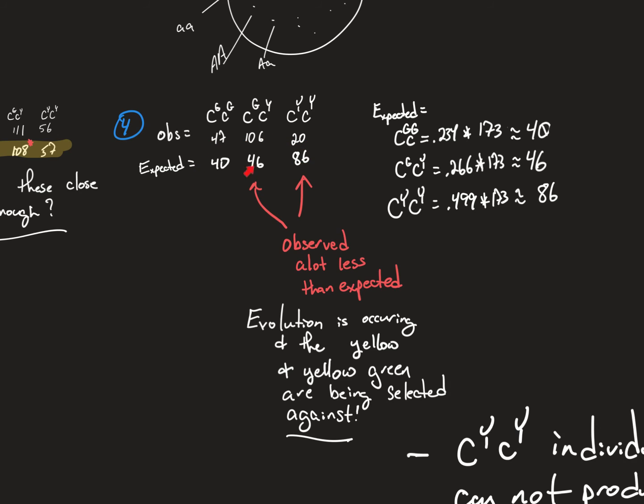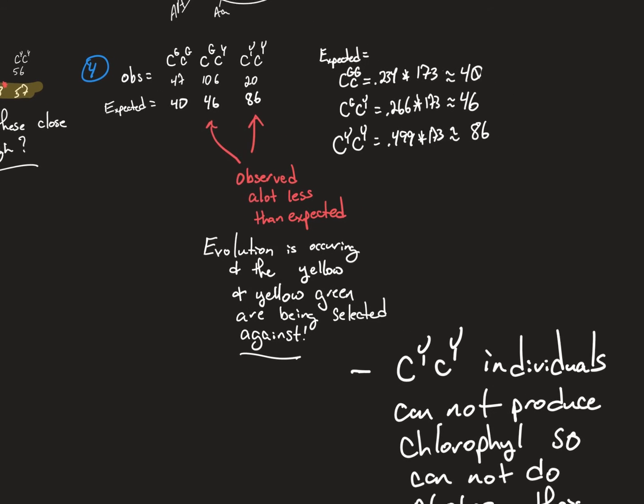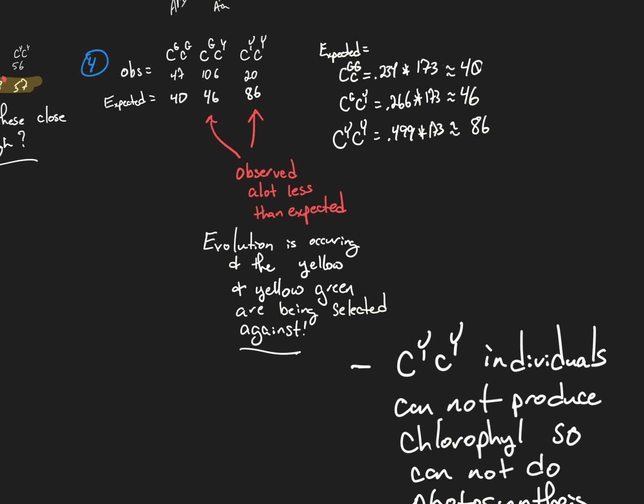So there was evolution, and we know that this one has an advantage because we just discussed that photosynthesis allows it to make its own food. So these two are a lot less. So evolution is occurring, and the yellow and yellow-green are being selected against. So they're dying, and the green ones are surviving.